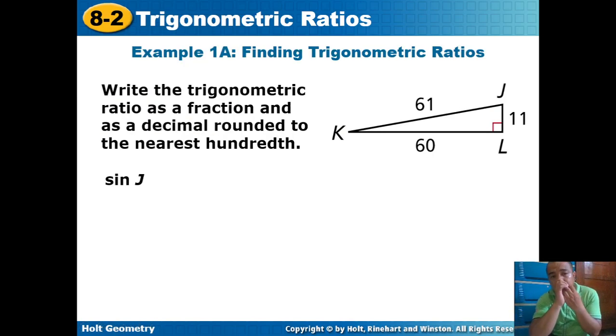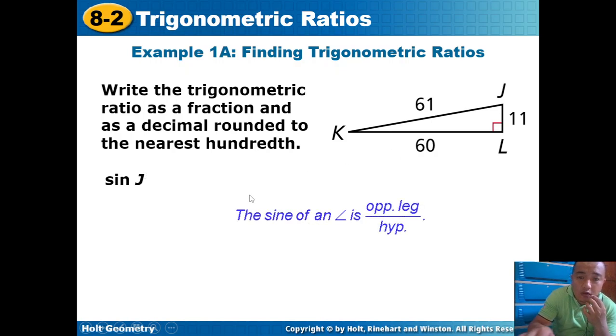Finding trigonometric ratios. Example: write the trigonometric ratio as a fraction and as a decimal rounded to the nearest hundredths. So sine J: our reference angle is J, so your opposite side is 60, adjacent side is 11, hypotenuse is 61. Sine J is opposite over hypotenuse, so 60 over 61 is the answer, or equivalent to 0.98.